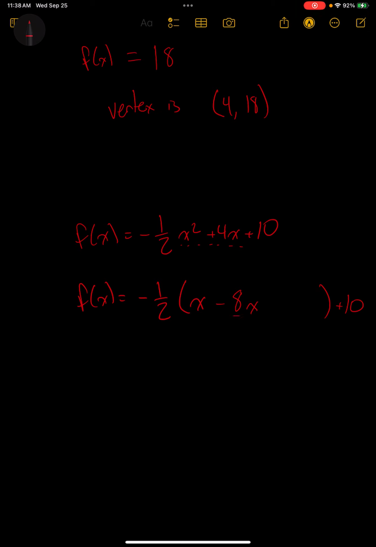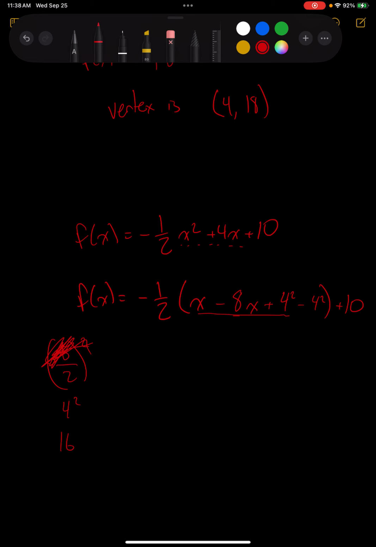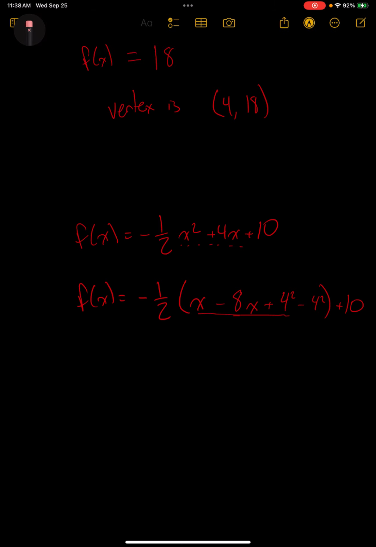Now the next step is to complete the square. What value do I have to add and subtract so that this becomes a perfect square? Well, you take this value, 8 divided by 2, and you square it, which is 4 squared, which is 16. But I'm just going to write 4 squared minus 4 squared, just for the sake of being able to know that I'm going to leave the 4. So the next step is f at x equals minus half x minus 4, all of it squared.